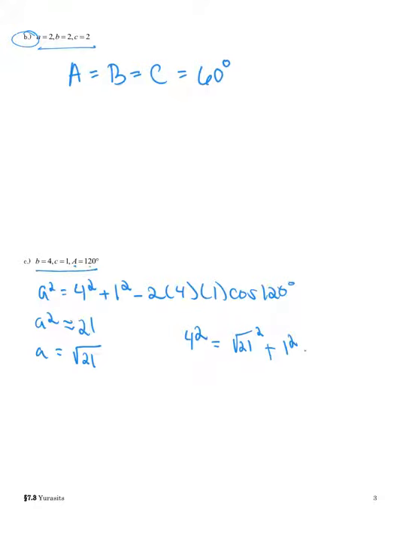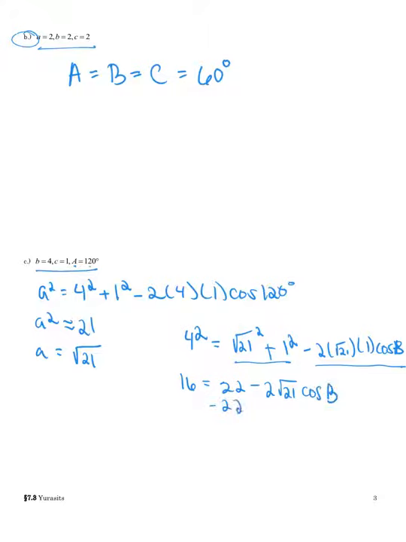You don't have to memorize it. Minus 2 times A cosine B. Now just make sure you realize that this and this, they are not like terms, so you have to do it step by step. So I get 16 equals 22 minus 2 root 21 cosine B.